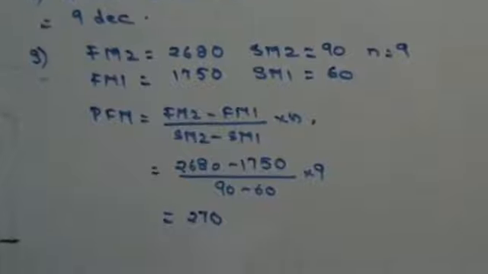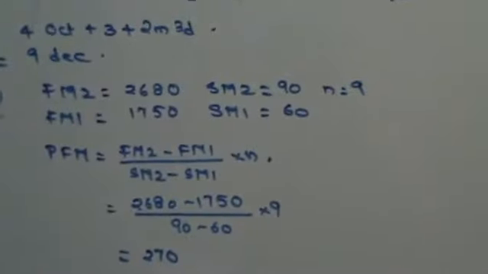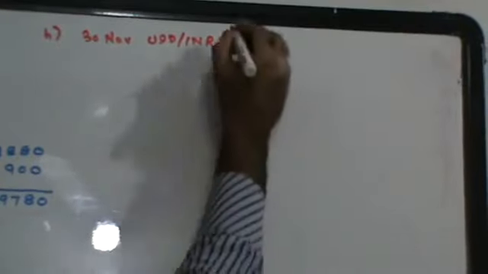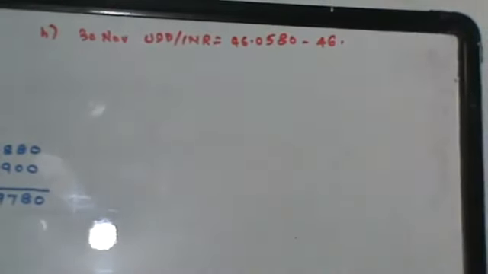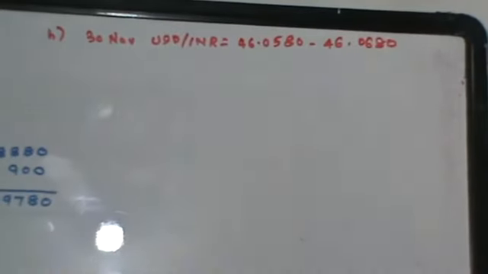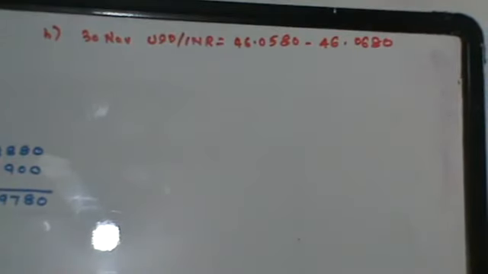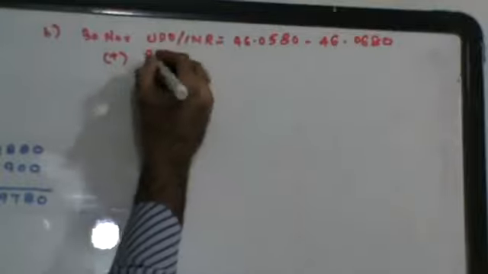Right? Now I already know the rate on 30th November USD INR, which is 46.0580 and 46.0680. Now since my forward margin of second period and first period both are at premium, therefore my proportional forward margin will also be at premium. So add premium.